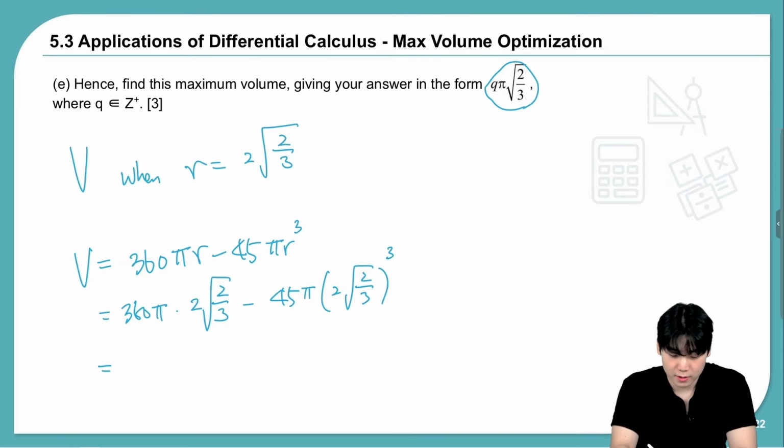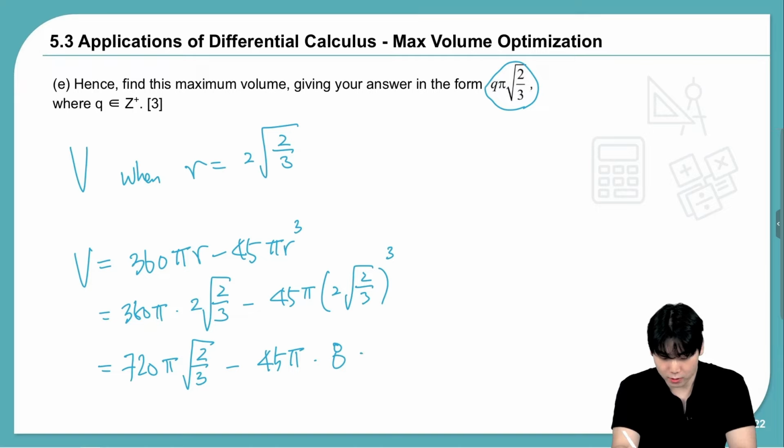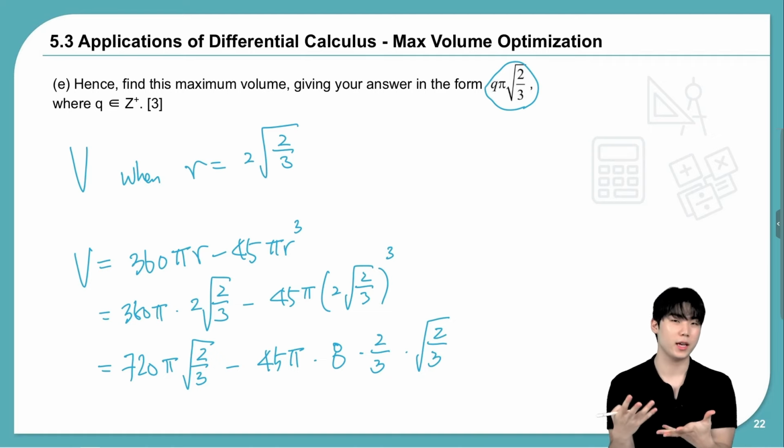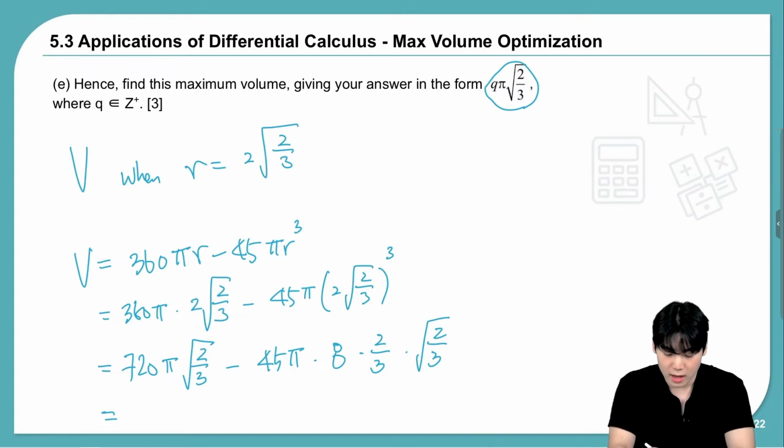So that is 720 pi root 2/3 minus 45 pi multiplied by 8 multiplied by 2/3 multiplied by square root of 2/3. Does that make sense? Because if it's to the power of 3, I can literally take out the squared versions. Let me just simplify this before I move on.